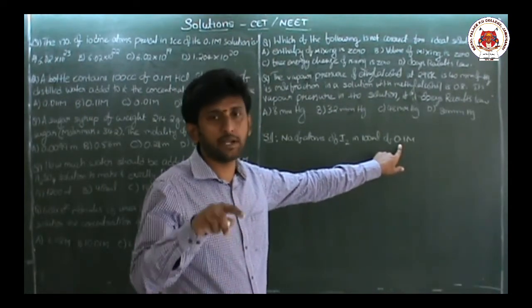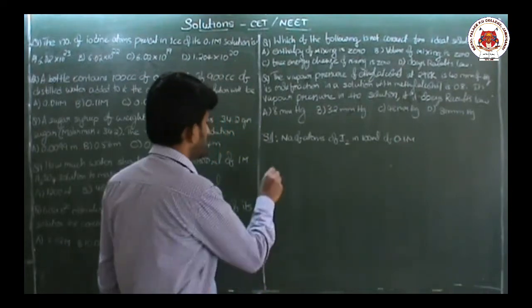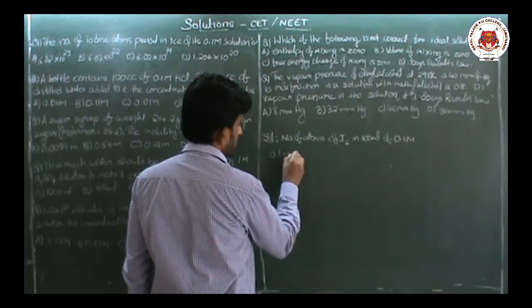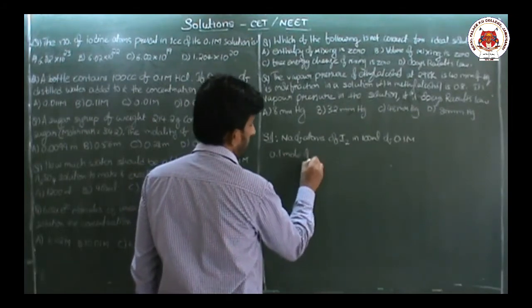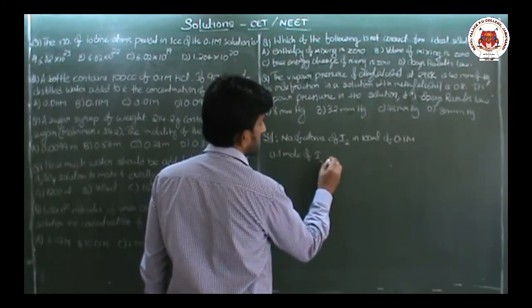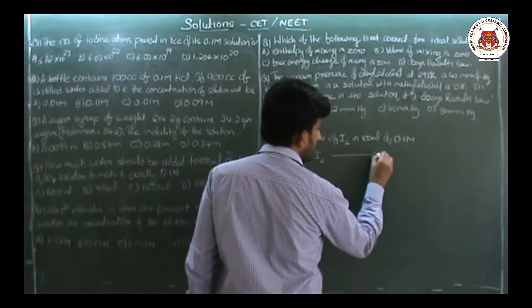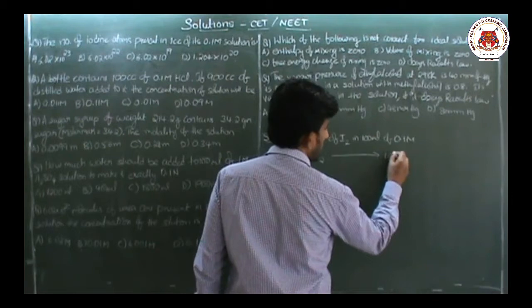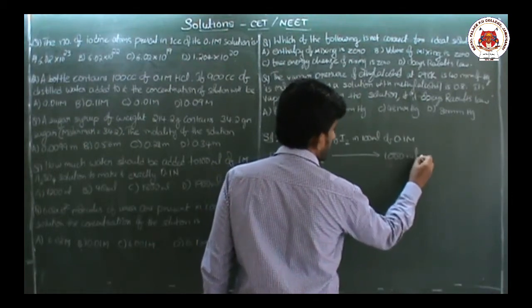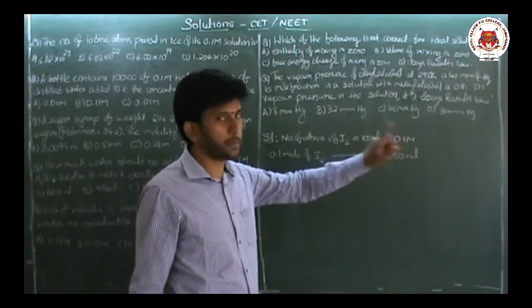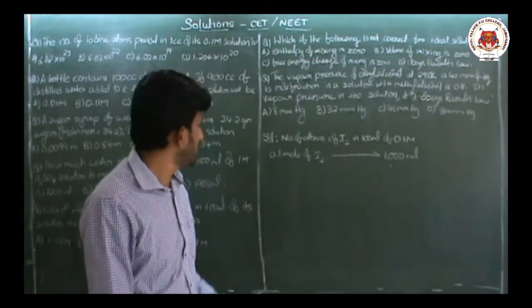That means 0.1 molarity meaning is what? 0.1 moles of I2 molecules are present in 1000 ml volume. That is the meaning of 0.1 molarity.